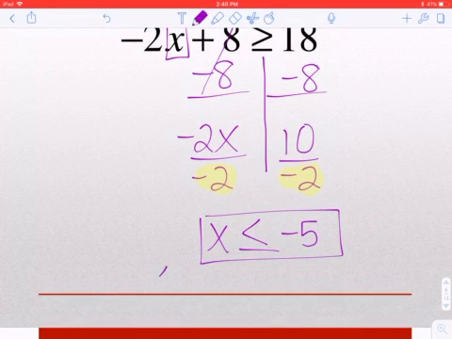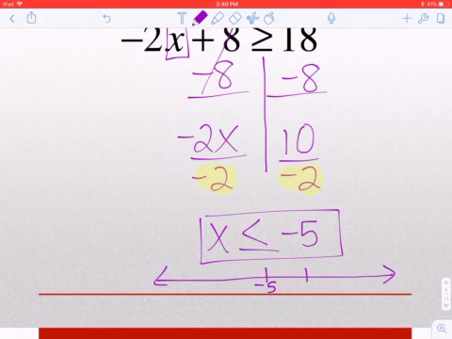When I graph this on my number line, I have a closed circle at negative 5. X is less than negative 5, so I shade everything to the left.